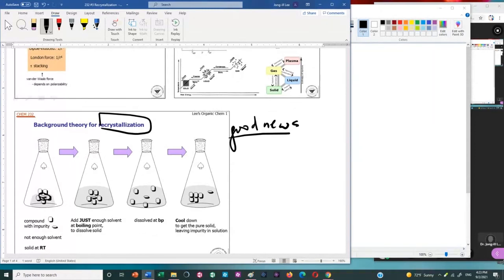And you now have all of the solid molecules separated, including the impurity. Okay? Then we go through some steps. At the end, we cool down. We want only these molecules themselves to come back, leaving the impurity alone.